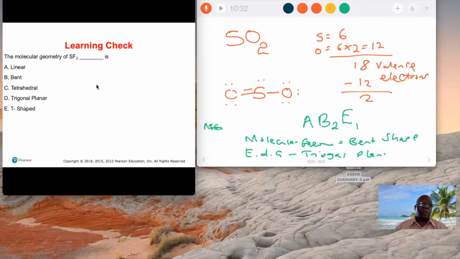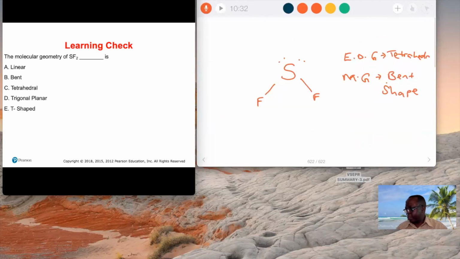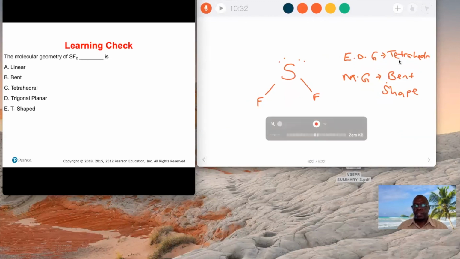Appreciate it. So this is what we need to know here: how we go about sulfur difluoride, sulfur bonded to two fluorines, molecular geometry bent, electron domain geometry tetrahedral. So be careful when you answer the question, because a question could be, what is the electron domain geometry?